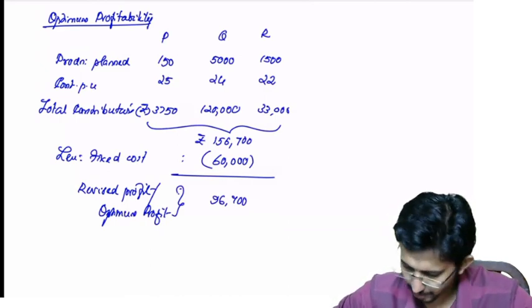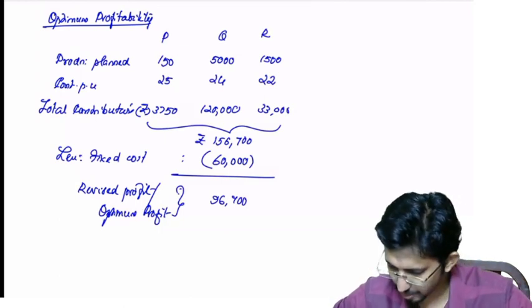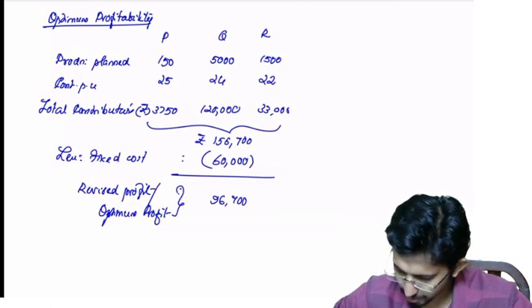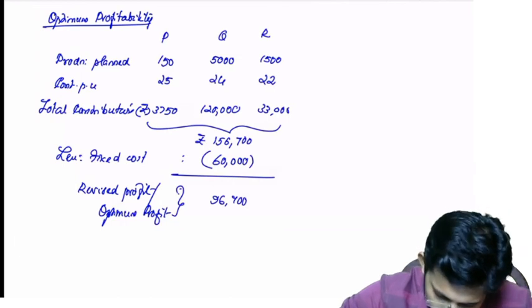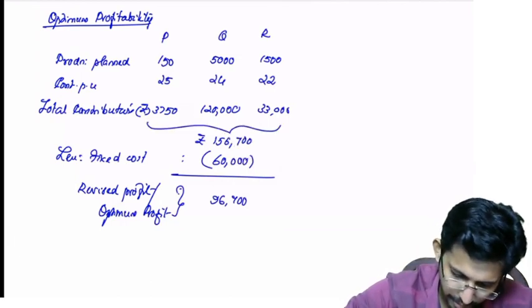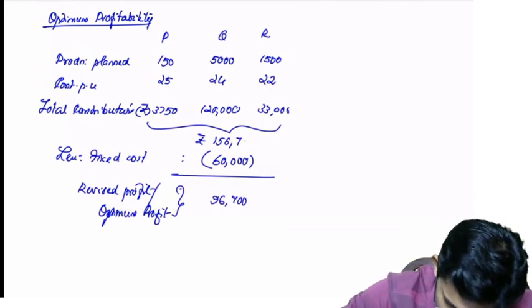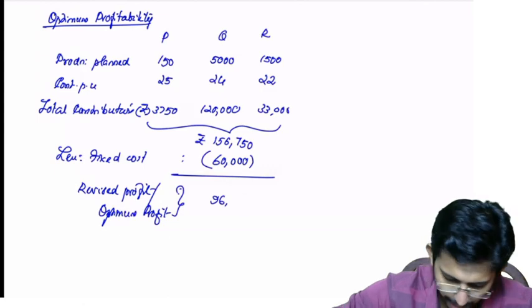Yeah, here it should be 3750 plus 1,20,000 plus 33,000 will give you 156,750. Please, it's not 700, 750. So basically here also 96,750.